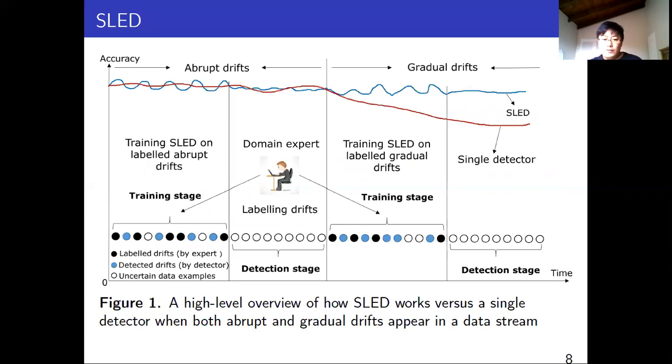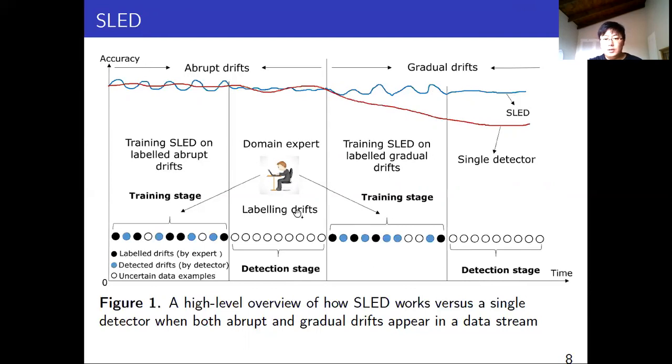Here is a high-level overview of how SLED could perform better than a single detector when both abrupt and gradual drifts appear in a data stream. In this case, we assume that the single detector can only work well with abrupt drifts rather than gradual drifts. As we can see in the figure, the x-axis represents time, whereas the y-axis represents the accuracy of the classifiers.